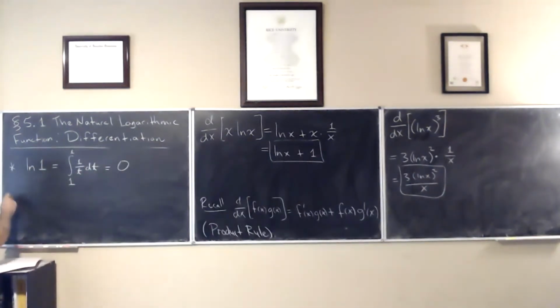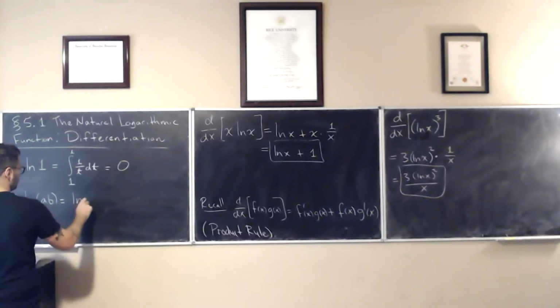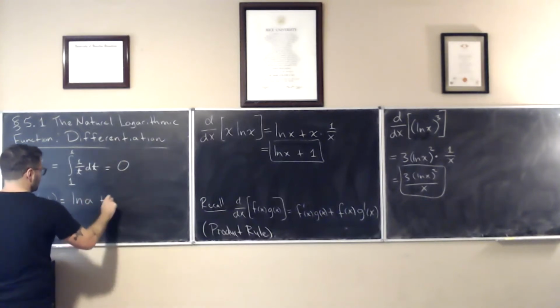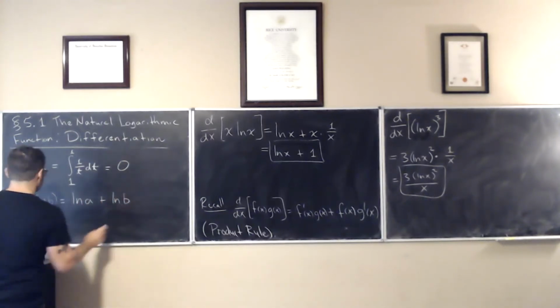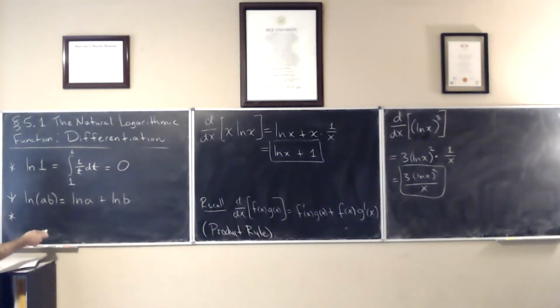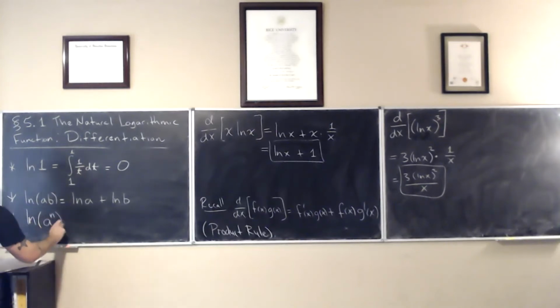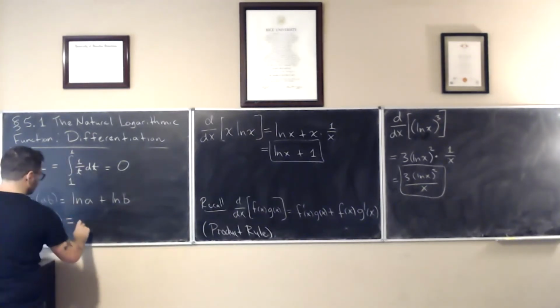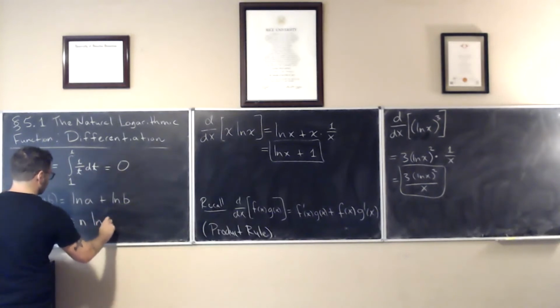Some other important points. Natural log of a times b is equal to the natural log of a plus the natural log of b. And the natural log of a to the power n is equal to n times the natural log of a.